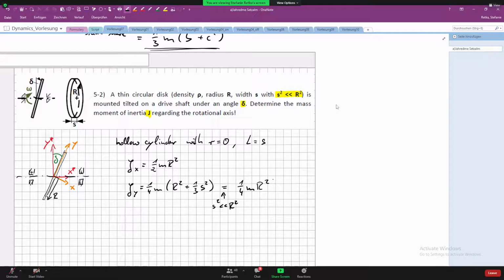Okay, and since our axes are the main axes of the system, then Jxy is equal to 0.